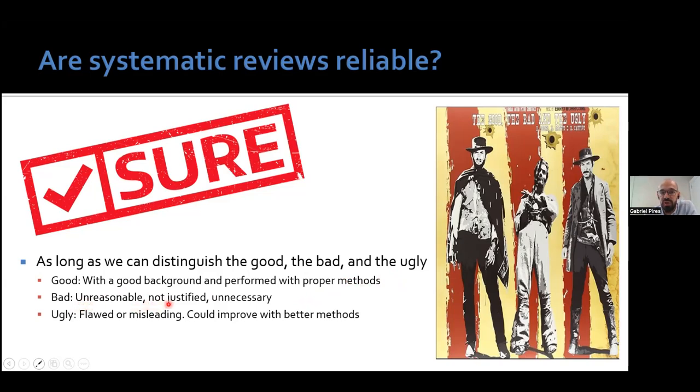They are not justified, they are unnecessary, they are misleading, and so on. No, the bad ones are just not necessary. And the ugly are those that might be misleading. So they are flawed. If implemented into clinical practice, they might lead to problems for the patients, basically.